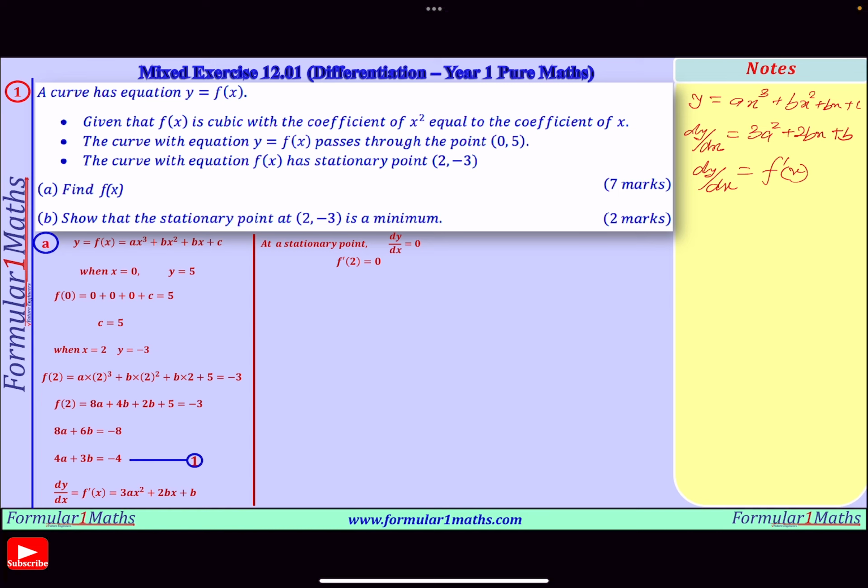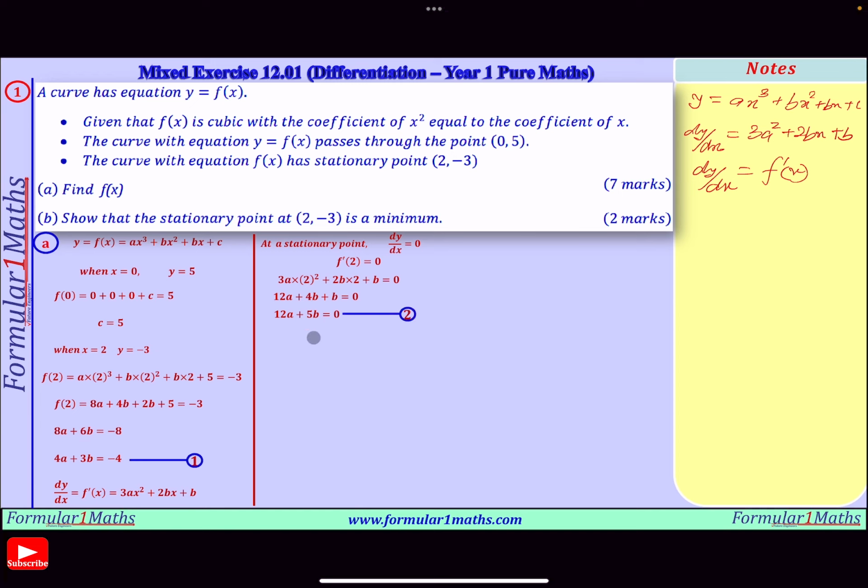So I do my substitution and get 3a times 2 squared plus 2b times 2 plus b equals 0. Simplify: 12a plus 4b plus b equals 0. Further simplification gives 12a plus 5b is equal to 0. We can now label this as equation 2.